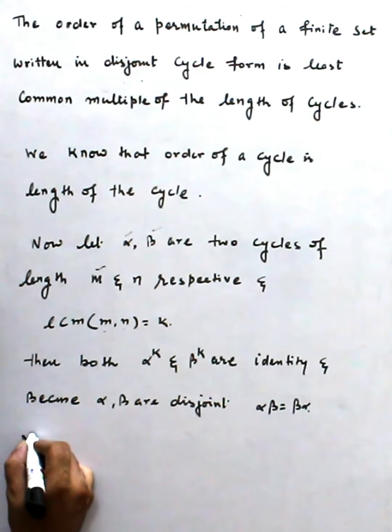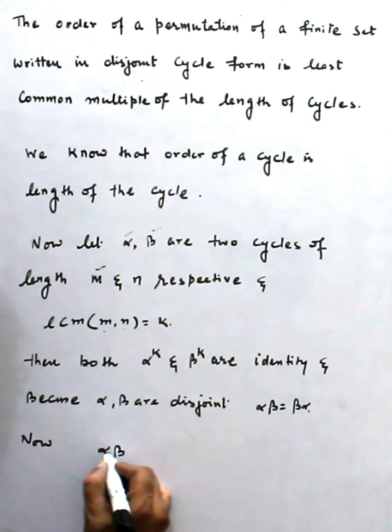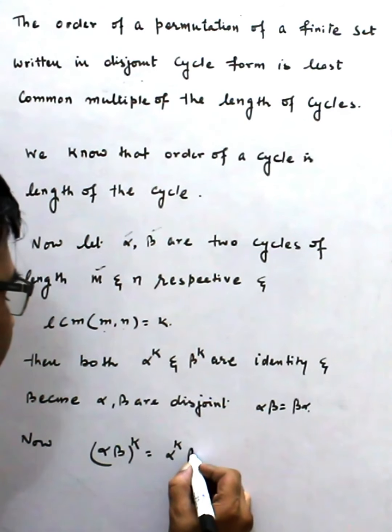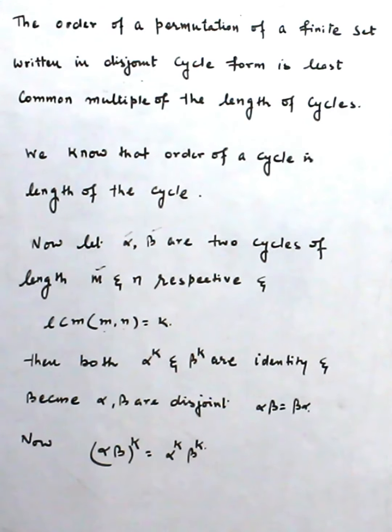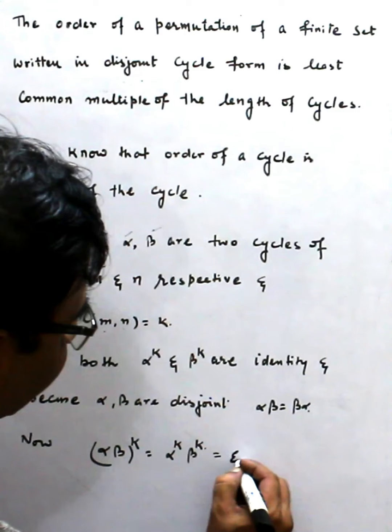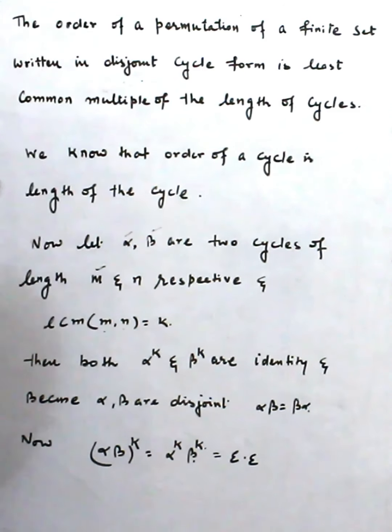Now alpha beta raised to k, I can write as alpha k beta k. Now alpha k is identity, and beta k is also identity, as I have already shown, and this is finally identity. That means this k is making the product of alpha beta identity, but we are not sure that k is the order of alpha beta, right?